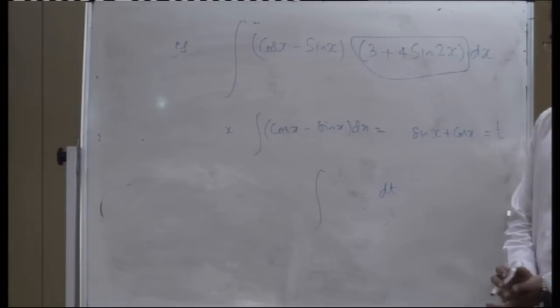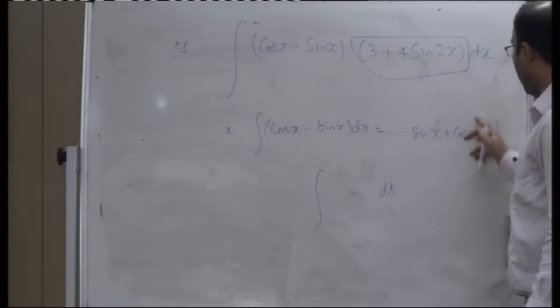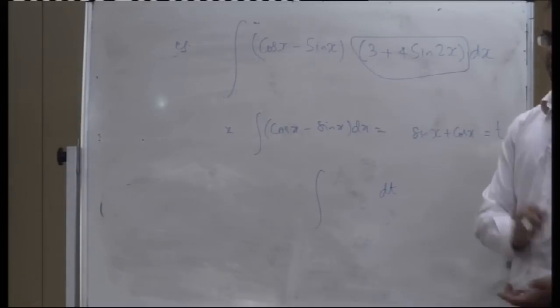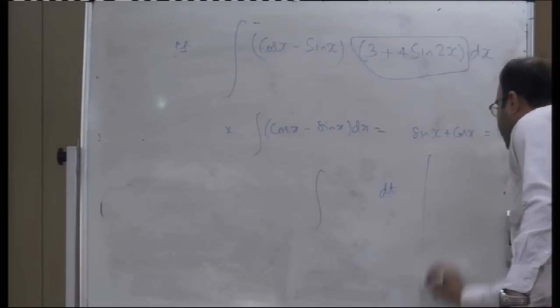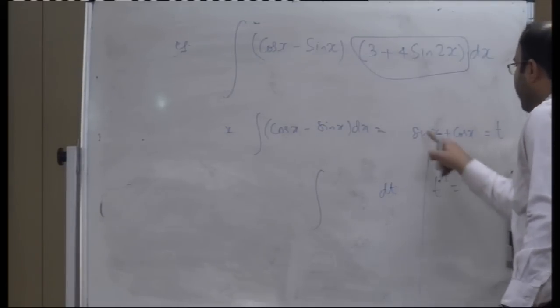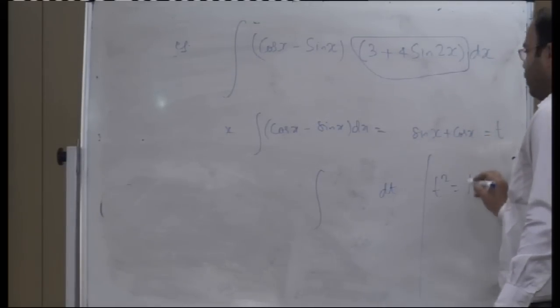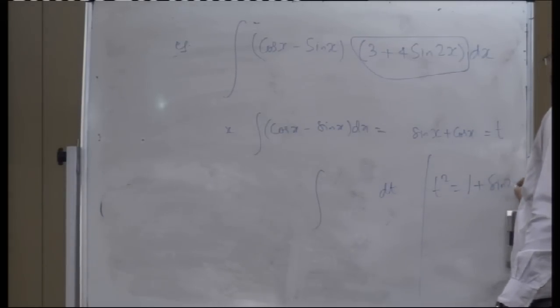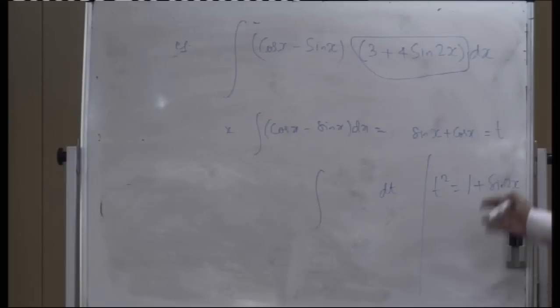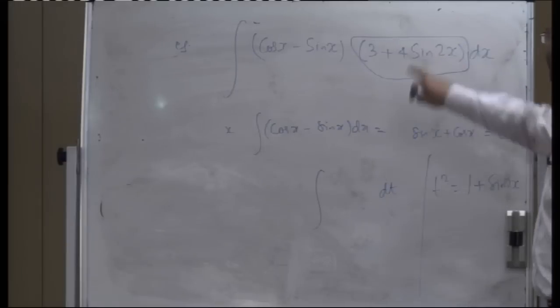Now sin 2x has to be obtained from sin x plus cos x. So if you square both the sides, then what will happen? t square will be equal to sin square x plus cos square x, that would be 1, plus 2 sin x cos x, that will be sin 2x. So you got sin 2x is t square minus 1. Then you can put that sin 2x here.